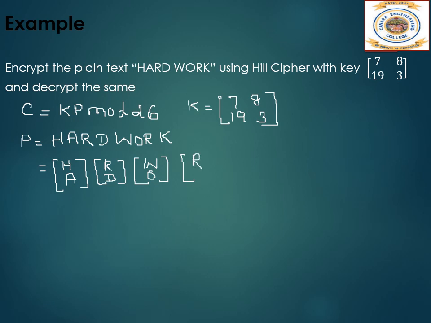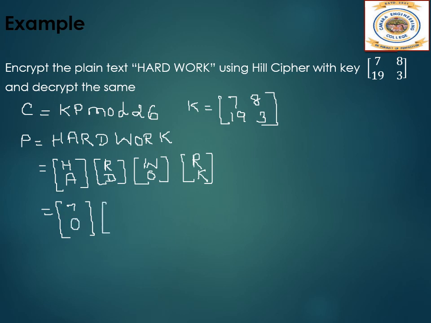R K. Once we write this, we have to write the numerical equivalent of this H and A. We have assigned the numbers for alphabets A to Z. So we have to see that and write the equivalent. So what is H equal to? H is equal to 7 and A is equal to 0.